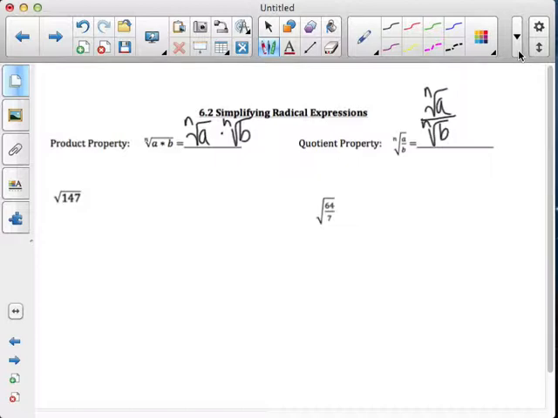So I'm going to factor tree 147. And 147, let's see here, let's try 3. So 147 is 3 times 49, and then I know 49 is 7 times 7. Now I stop when I get to prime numbers, so this is prime, prime, and prime.